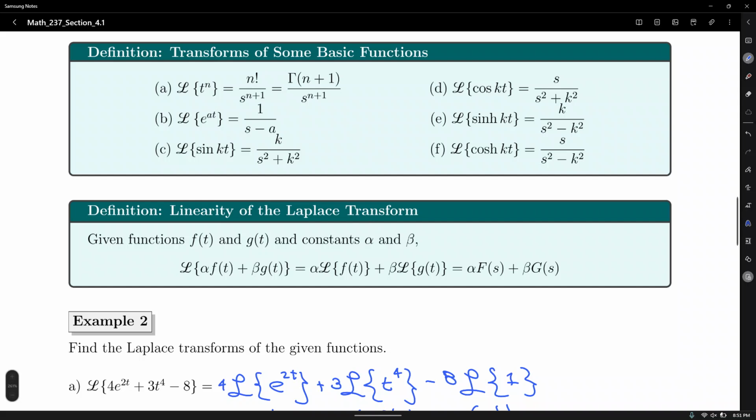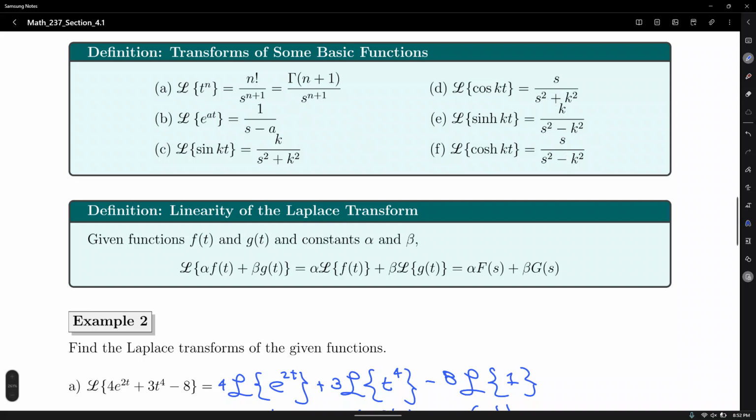Just so you can see the resemblance of some of the Laplace transforms of these functions: see how the Laplace transform of sine is very similar to its hyperbolic counterpart. However, they just differ by the sign in the denominator. While the original trigonometric function has a plus sign, the hyperbolic counterpart has a negative sign. Same thing between the Laplace transform of the cosine function and the hyperbolic cosine function. Again, plus, minus.